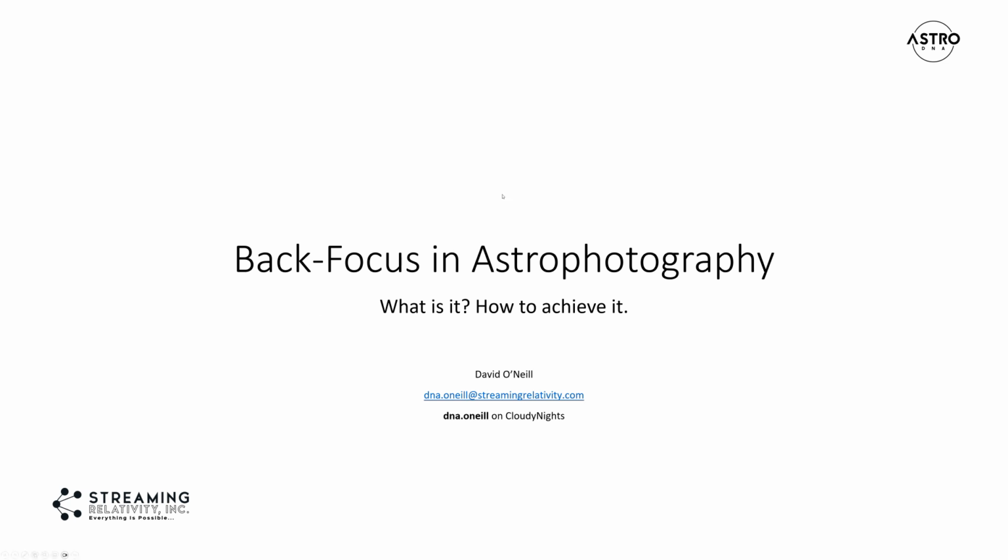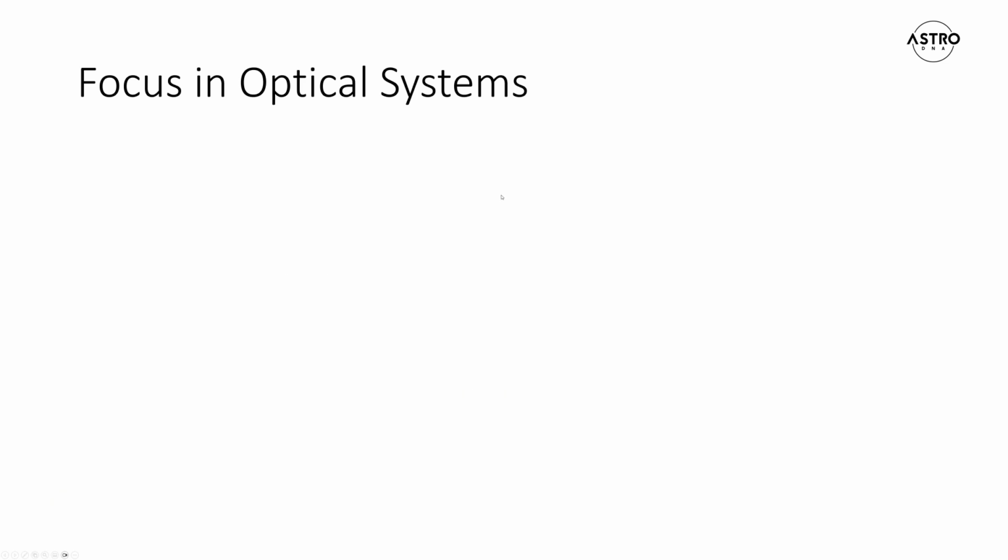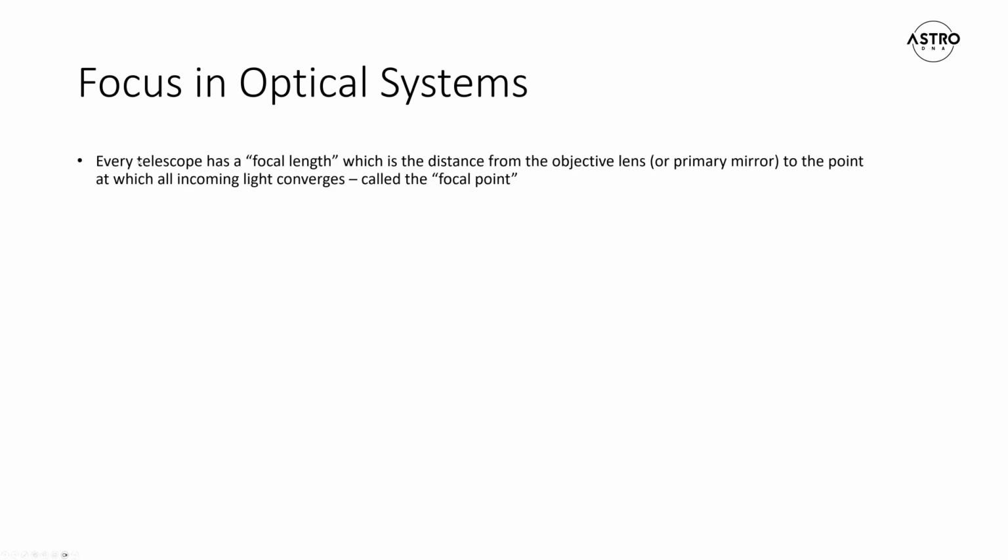astrophotography work. So to talk about back focus, I think it's best to first start with focus in optical systems in general. If we take a telescope, every telescope has something that is called its focal length, and simply put, that's the distance from the objective lens or the primary mirror that's typically at the front of your telescope, not always, to the point at which all the incoming light that lens is gathering converges, and it converges into this theoretical point.